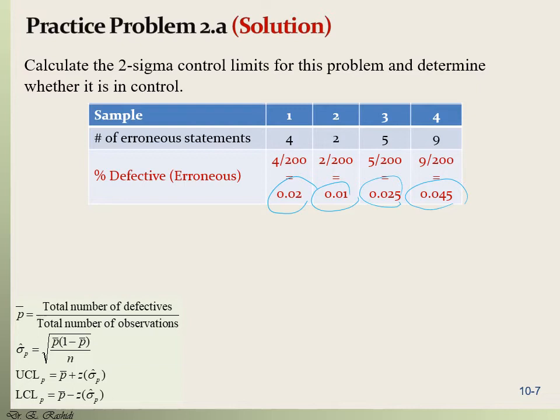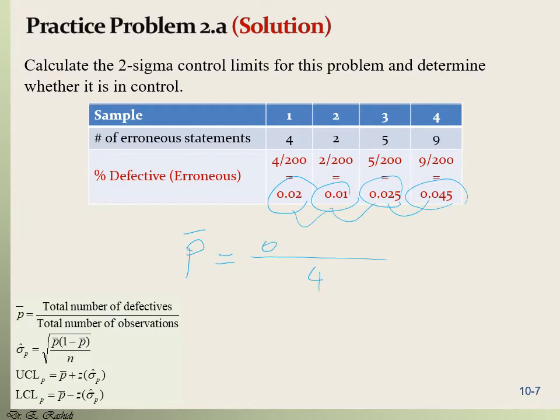Now we can find the average of percentage, the estimation of the proportion. So this is just an estimation, and that's going to be the total number of defectives divided by 4. And we're gonna add these up and then divide them by 4.